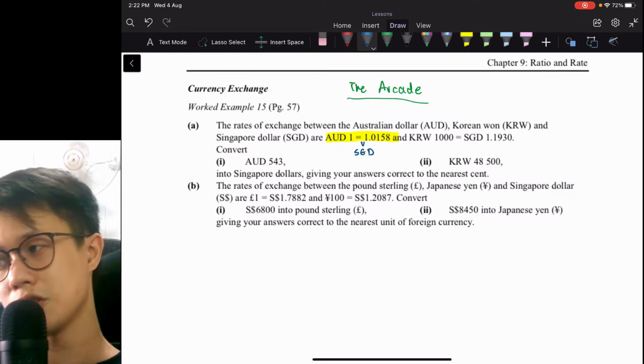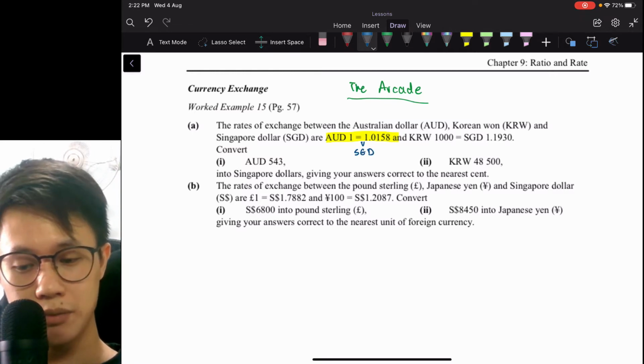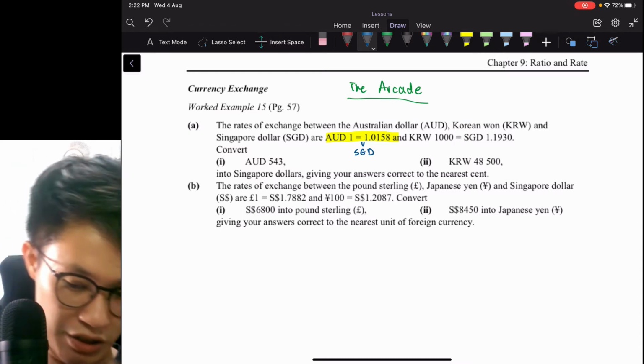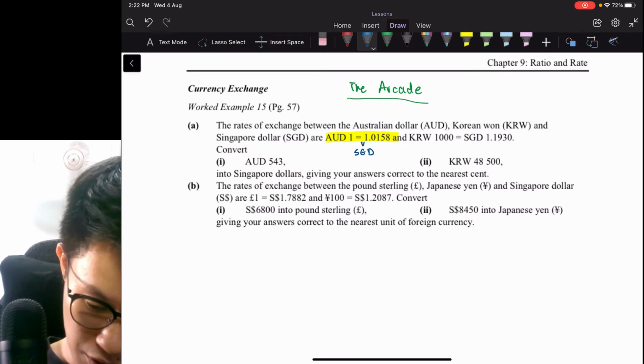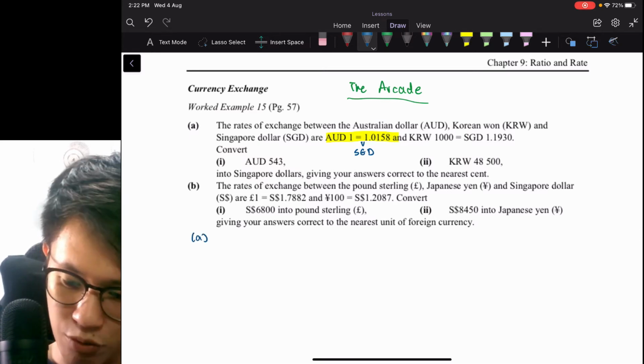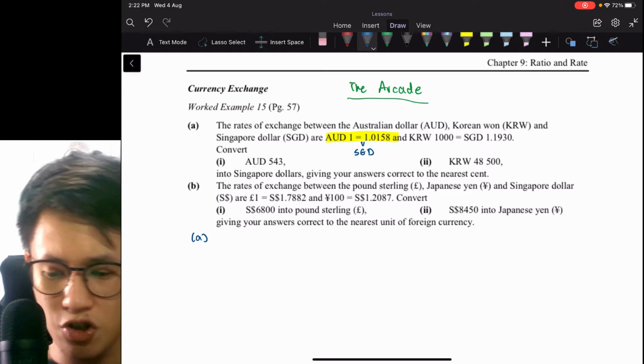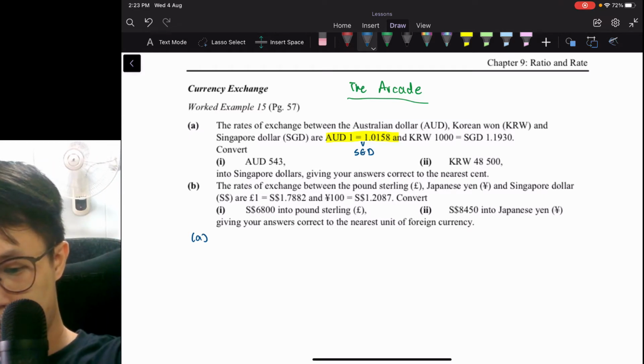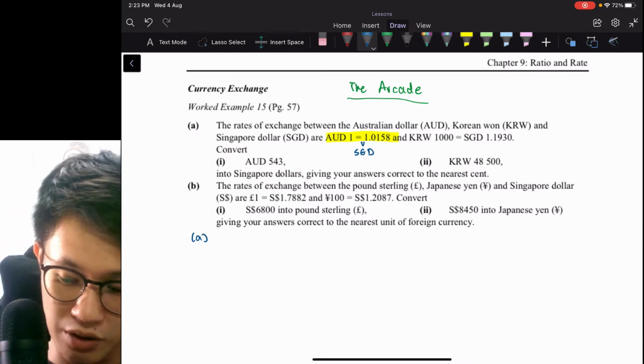So this means 1 Aussie dollar, and it's really how one quantity changes with another quantity, which is rate. The question asks us to convert 543 Aussie dollars to Singapore dollars, correct to the nearest cent as well.